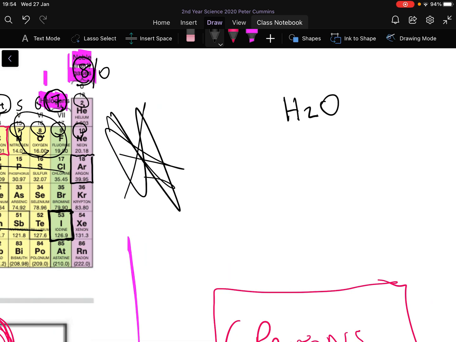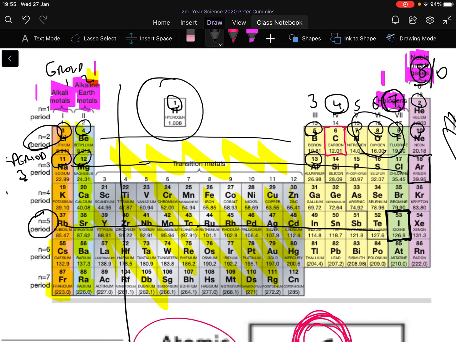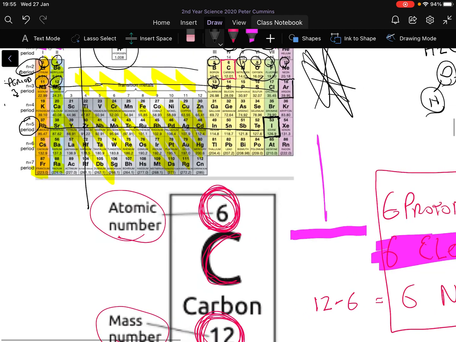Well, why on earth then do we end up with H2O? Why would an H bond to another H and bond to an O? So obviously you have something like this, H2O, which is the giver of life, the chemical formula for water. But why would this want to bond with this? Why would this one want to bond with the oxygen? And that's where we're going to. But we want to make sure that you're okay with the basic atomic theory first. And we go from there the next day.